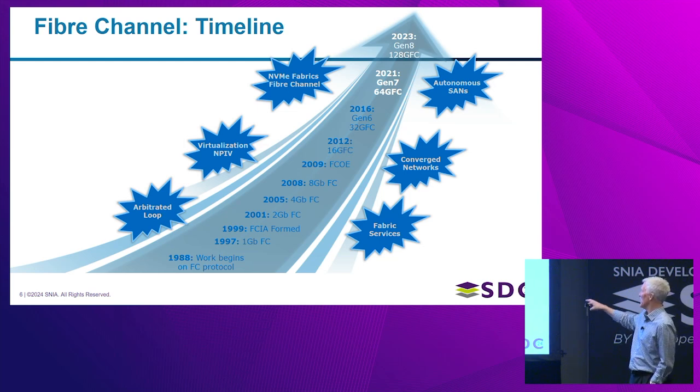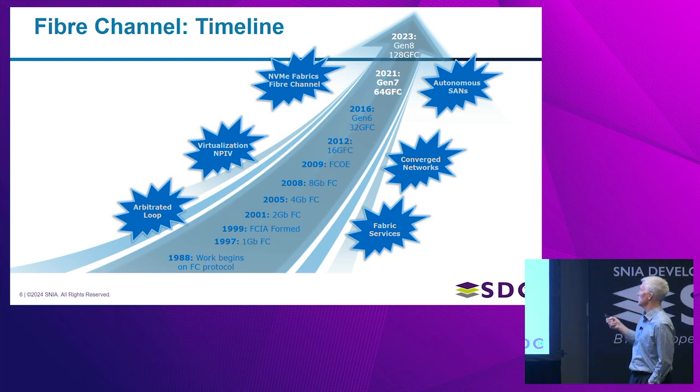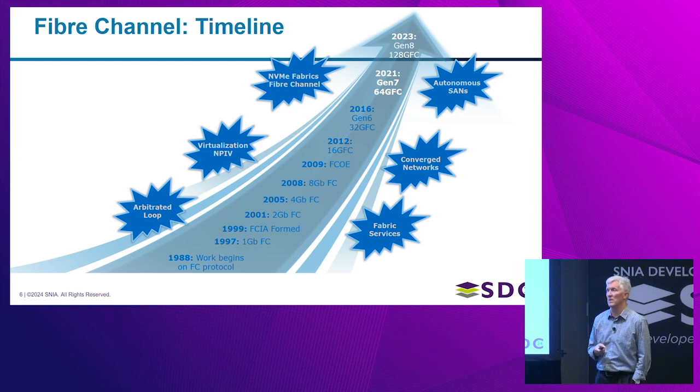Notice that arbitrated loop and then fabric services were some of the very first feature sets that were put into the standards. As we worked our way up through that first decade and got to 2 gig, we then started working on not only faster speeds, but virtualization via the end port ID virtualization that is done at the physical Fibre Channel port, and then broke into converged networks for FCoE, a Fibre Channel over Ethernet solution.